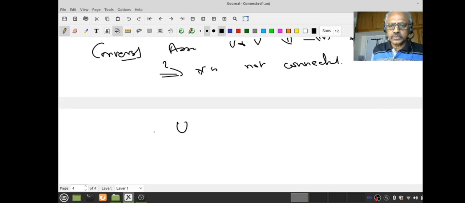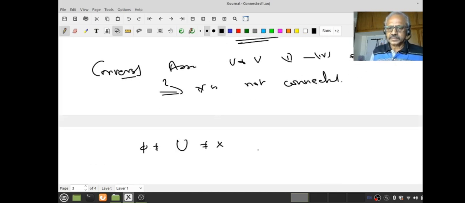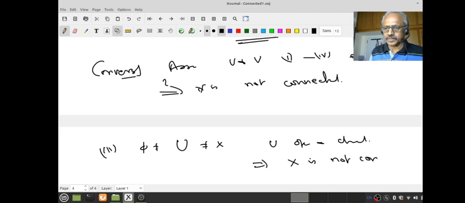So see, U is not empty and it's not equal to X, right? That's by condition 3. And U is open and closed, right? Therefore this implies X is not connected according to our definition.